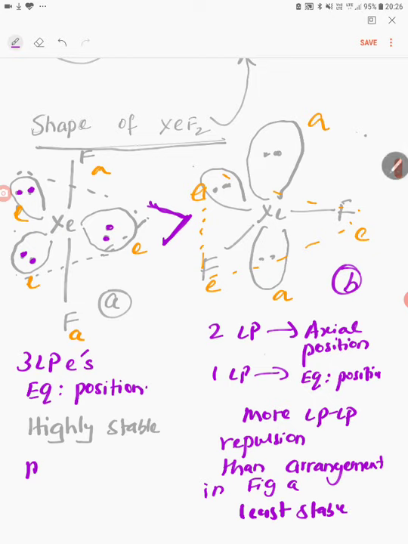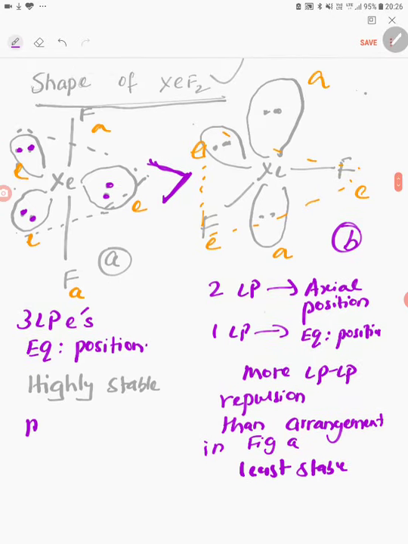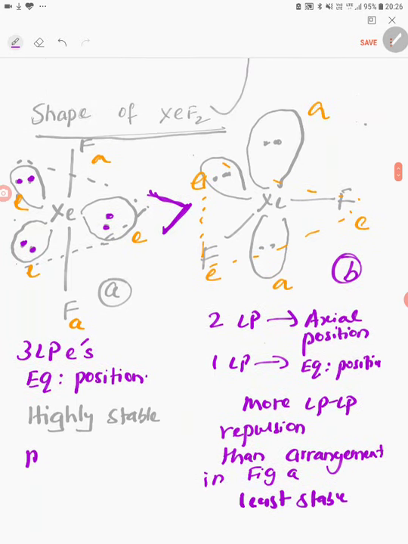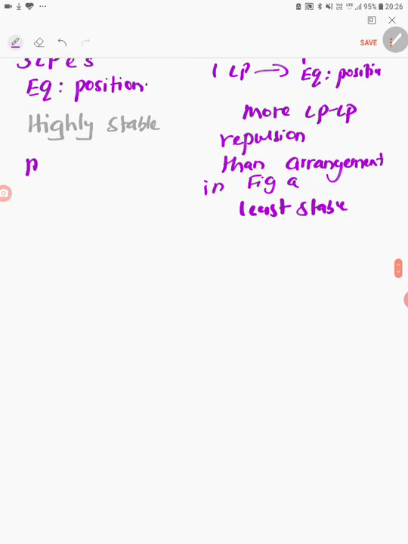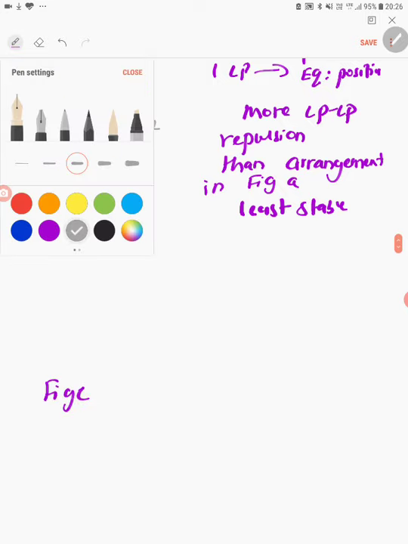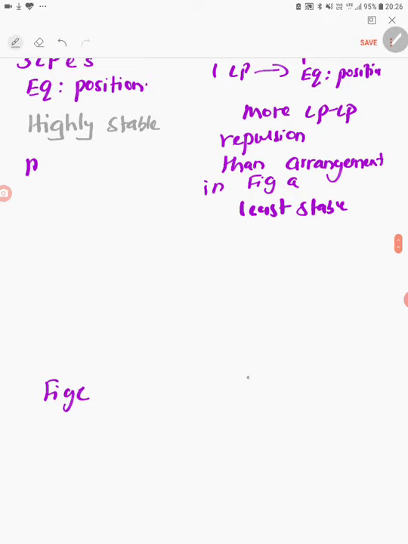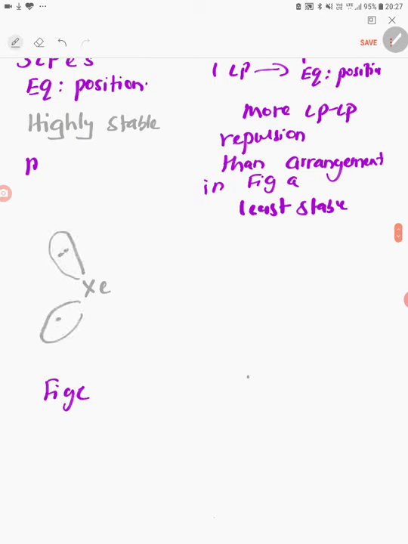Now, in between these two structures, there is one more arrangement, a moderately stable one. So this will be figure C. If there can be a structure proposed like this, a shape of the molecule where two lone pairs could be in the equatorial position and one lone pair in the axial position.